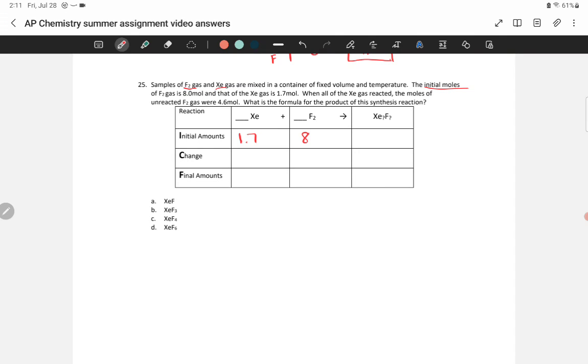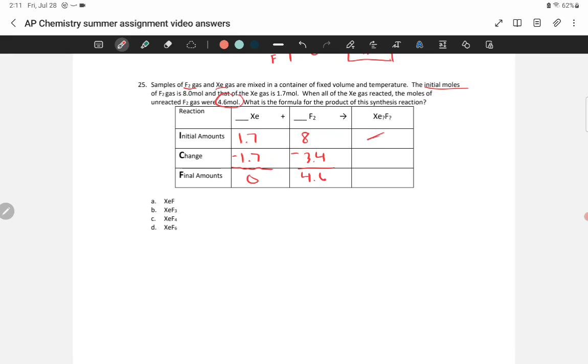When all of the Xe has reacted, so that means all of it reacts, well then that means that we'd have to put that number in for the change for Xe. How much F2 do we have left over? We have 4.6. Well then, how much would we have had to react? 8 minus something gives us 4.6. I think that's going to have to be 3.4.